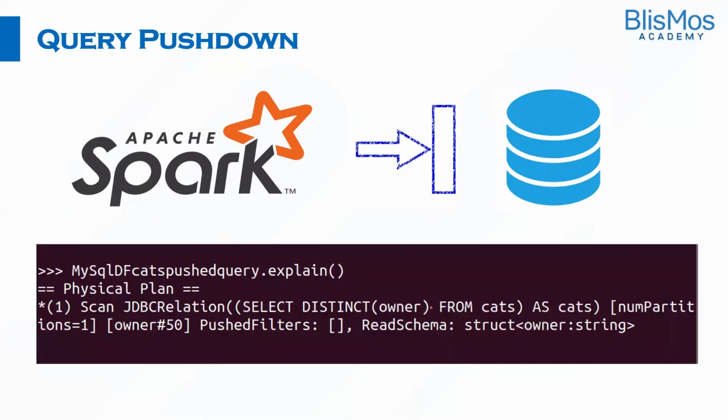If you look at the explain output now, instead of having a table name in the JDBC relation, it has a query. That is how you are taking control of pushing down the filter into the database, so you avoid unnecessarily reading the data which is not required to create a data frame.